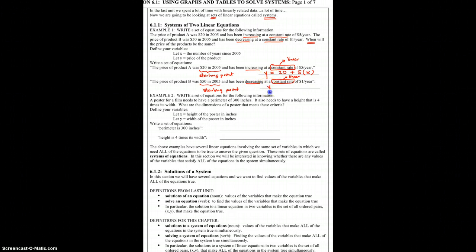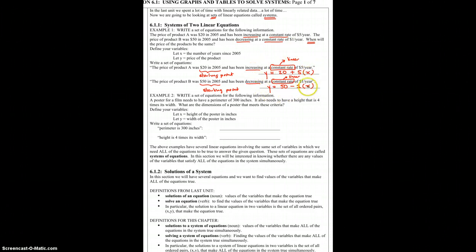So the price of this product started out at $50, and it's been decreasing, so we're going to subtract $1 every year. $1 per year. So we're going to multiply by x, which is the number of years since 2005.